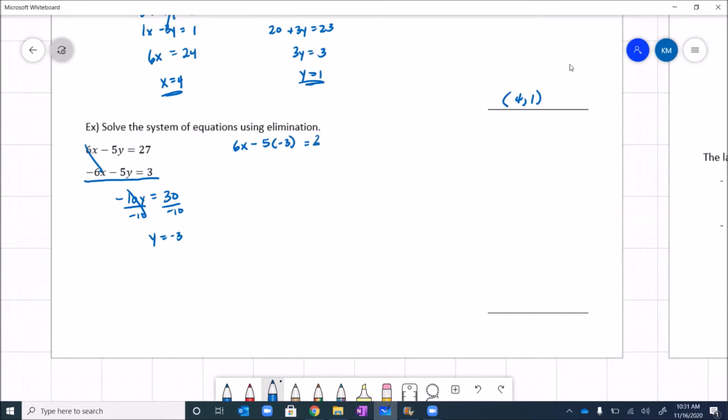That's 27. Okay, so negative 5 times negative 3 is 15. So 6x plus 15 equals 27. Subtract 15 from both sides. 6x equals 12. Divide by 6, x equals 2. Okay, and so now I have my x value and my y value. I'm going to write that as an ordered pair, (2, negative 3).